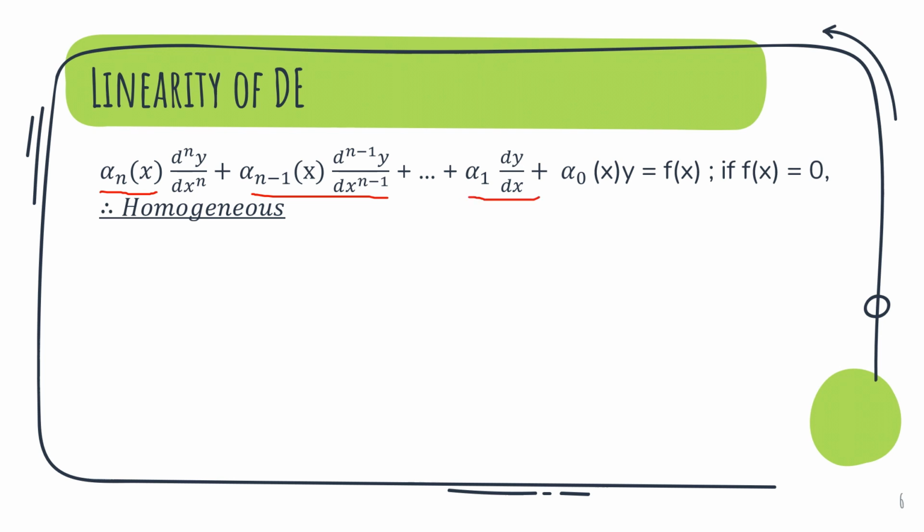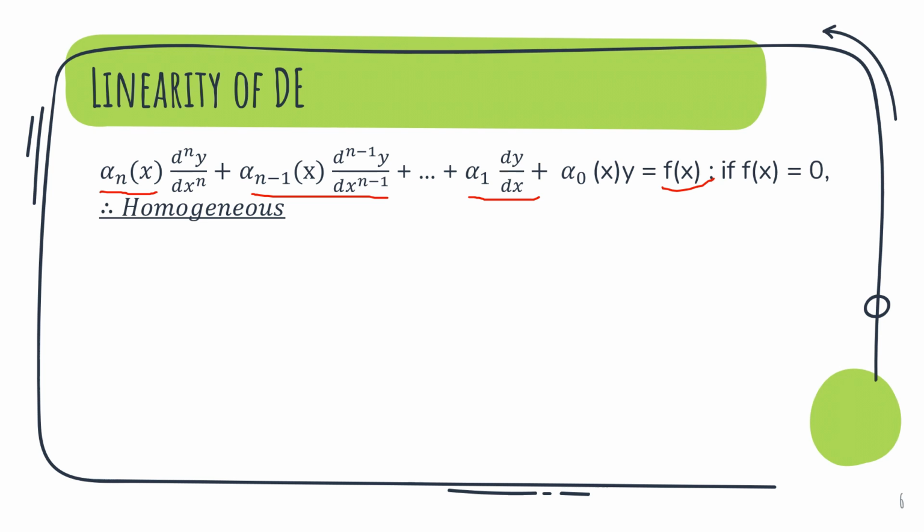Here. Tapos, a sub 0 of x times y is equal to f of x. So, dito sa f of x na to, pwede siya maging variable, which is yung independent variable natin, or pwede rin maging 0.